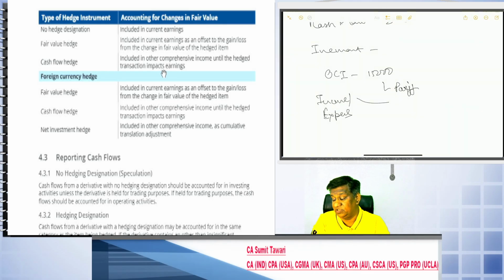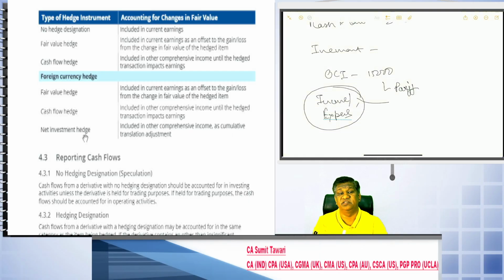Once we clear it with cash, then we need to transfer to the expenses account or the P&L item. Then, fair value hedge is included in current earnings as an offset to the gain and loss from the changes in the fair value of the hedged item. Cash flow hedge is included in other comprehensive income until the hedged transaction impacts earnings, and the net investment hedge is included in comprehensive income as a cumulative translation adjustment.